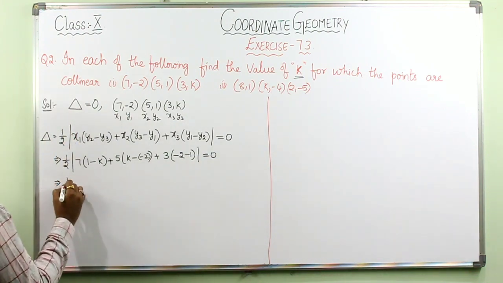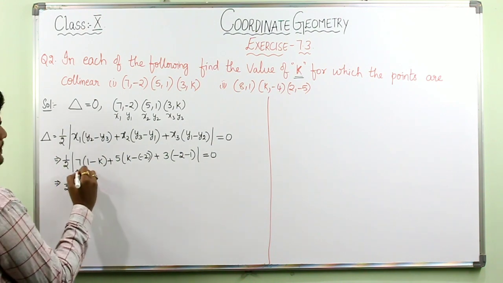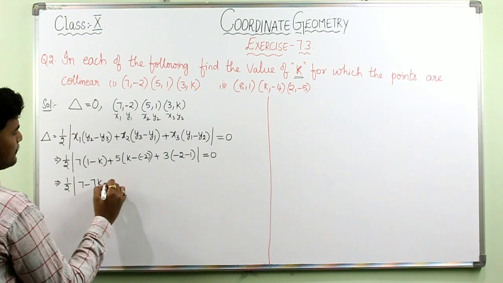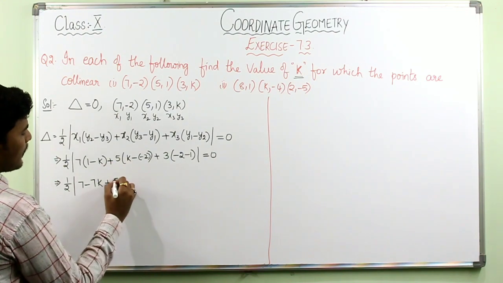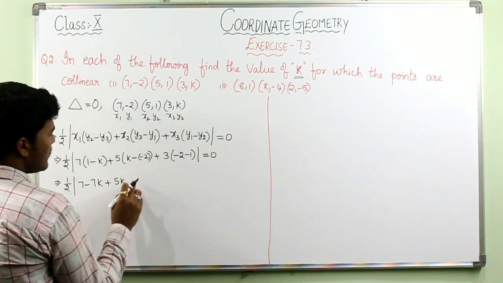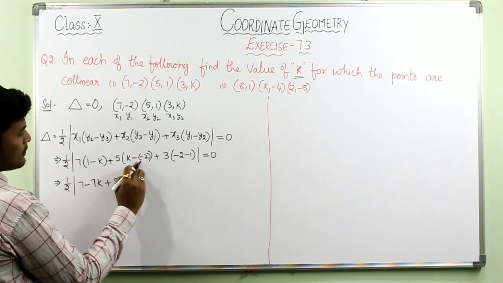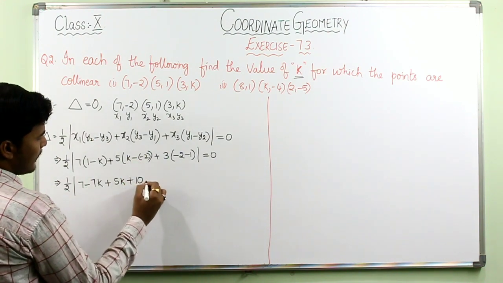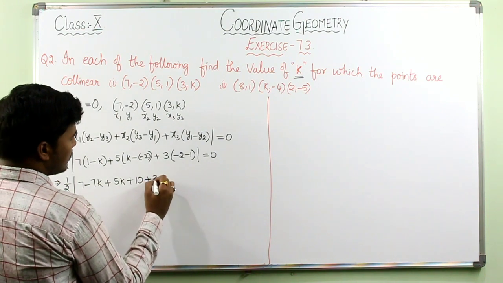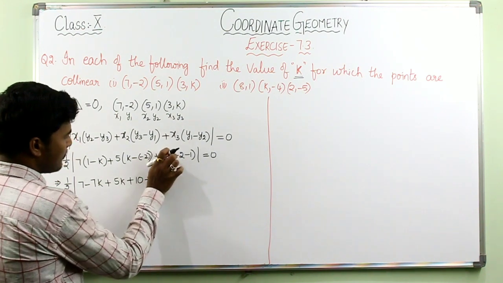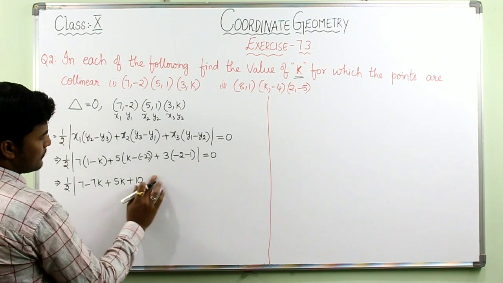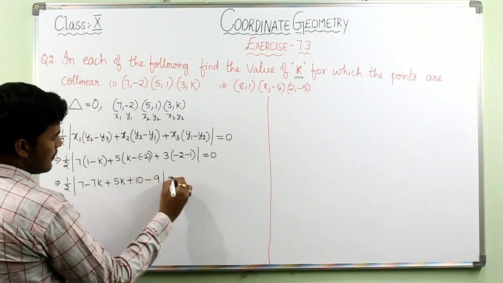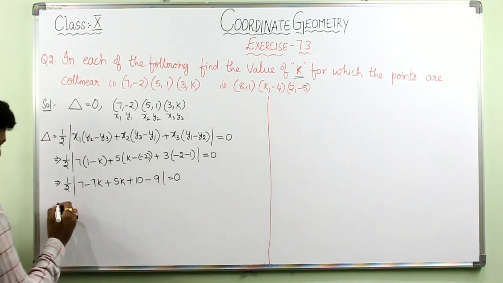This will become 1 by 2 times of 7 into 1 is 7, minus 7 into k is 7k, plus 5 into k is 5k. See here, minus into minus is plus. Plus 5 into 2 is 10, and the last one we have 3 into minus 3 will become minus 9, equal to 0.